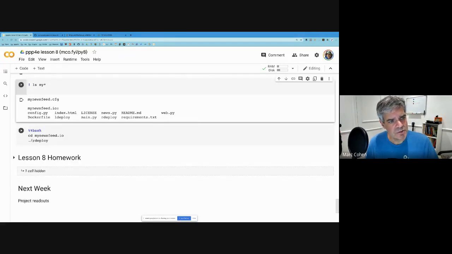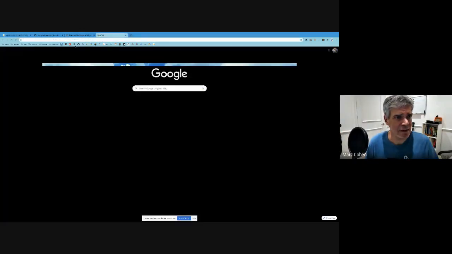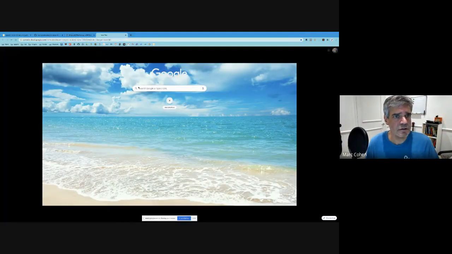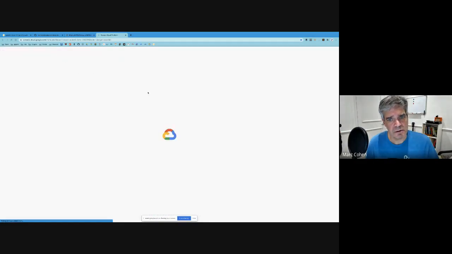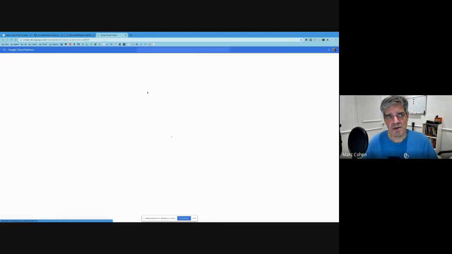And now what I'm going to do is run a script called rdeploy. What rdeploy is going to do is push this code into the cloud. Now, what does that mean? If I go to this cloud console, and that's once you have an account in Google Cloud, you can access this console page. This is where you can administer everything about your cloud profile.